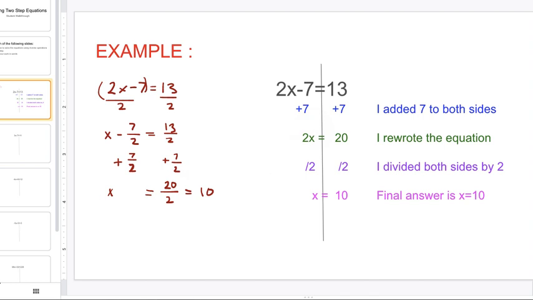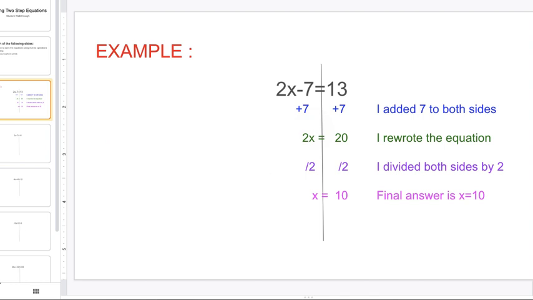Another way of showing this, and I'm going to clear this mess that I've got over there for a second, I could look at this in a different way. I could say 2x minus 7 equals 13. And in my first line here, I added 7 to both sides, and I rewrote the equation as 2x equals 20.